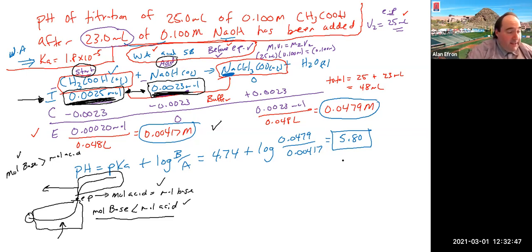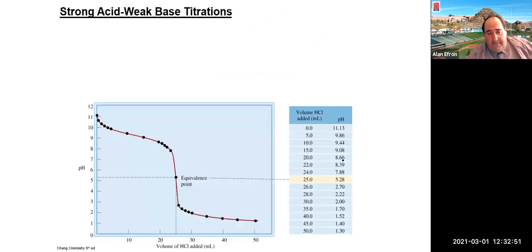Okay, so the next type of titration we're going to talk about is a little bit different, and it's a strong acid and weak base titration. So the setup here is also a little bit different than we've been talking about. In this particular case, the setup is we have up in the burette our strong acid.